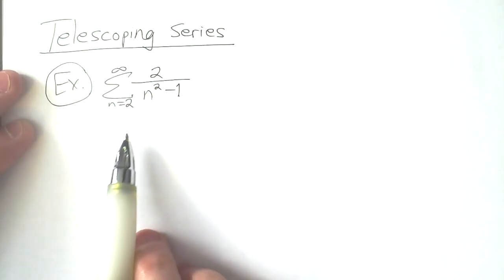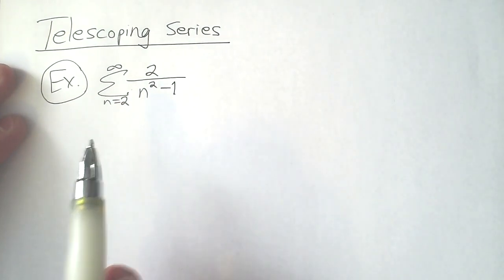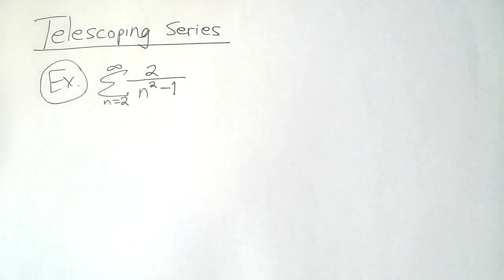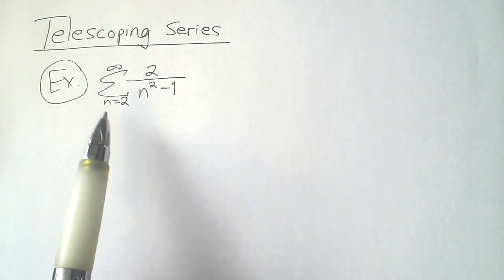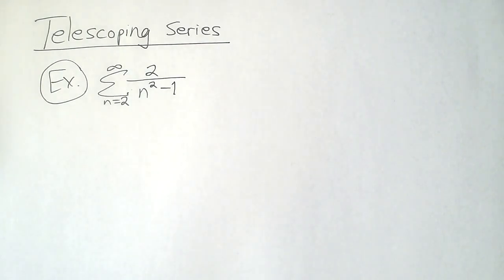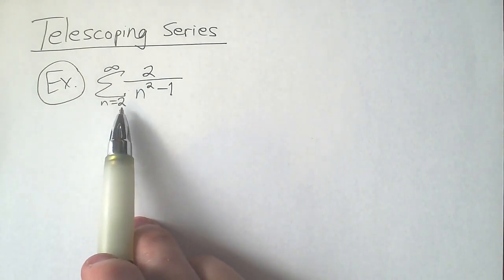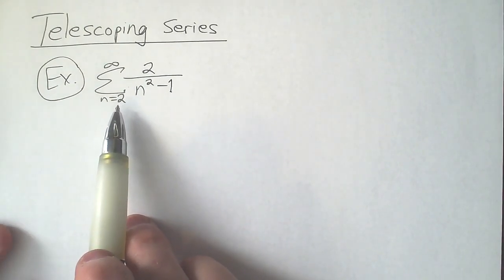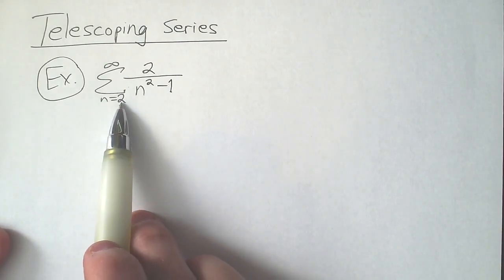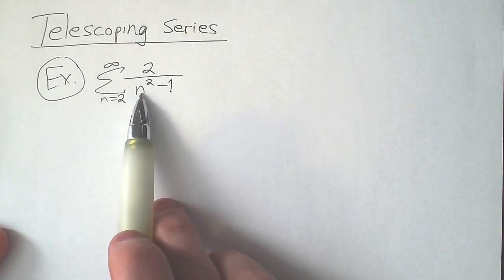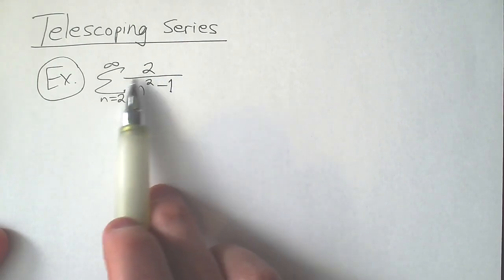All right, so let's take a look at what this series does. One thing you might notice is this series starts at n equals 2. So I think that we've had all of our series start at n equals 1 so far, but I've probably said that technically a series could start somewhere else. You might notice the reason why this series starts at 2 is because if it started at 1, we would have a problem.